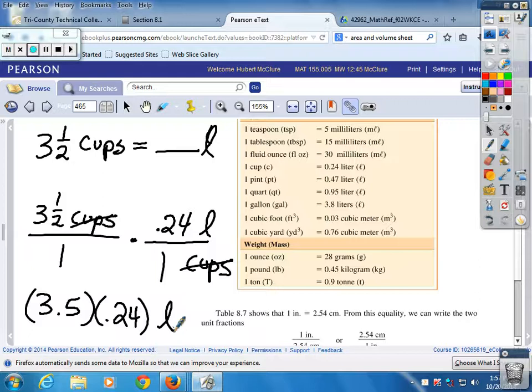So 0.7 would be 20%. And then 1% would be 0.035, which is 0.04. So I would say 0.87. What did it come out to be? Oh, 0.84, I'm sorry. Equals 0.84 liters.